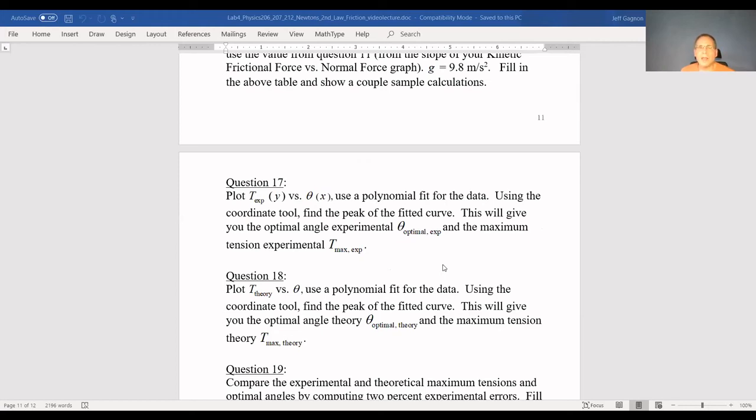You're going to find the peak of the fitted curve, okay? And then that peak will give us basically an ordered pair, and the first value will be like the optimal angle, experimental, and then the maximum tension, experimental. We're getting those 2 values.